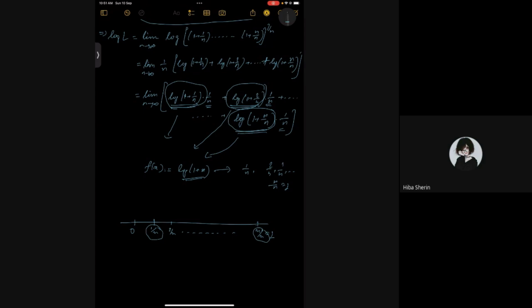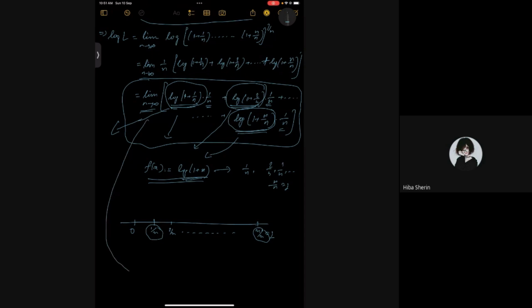So what we have done is we have just realized this whole thing as a Riemann sum, and then we are taking the limit as n goes to infinity. Thus, it is nothing but the integration of the function that we have, log 1 plus x.